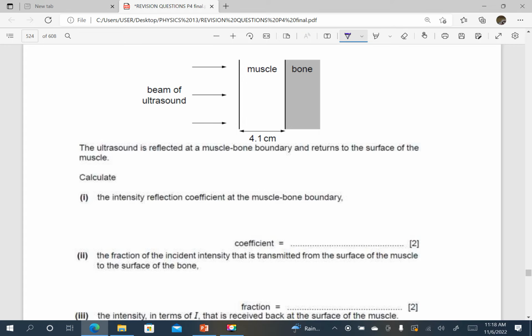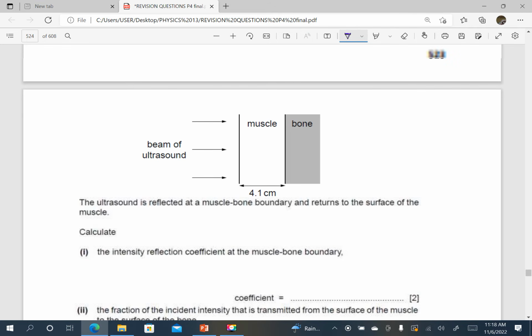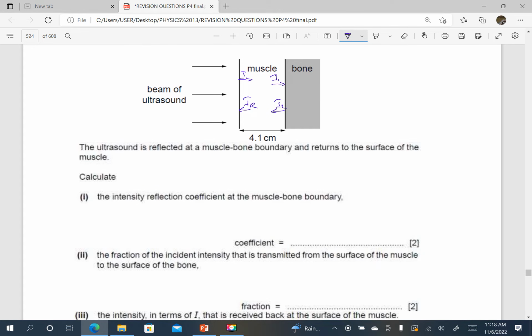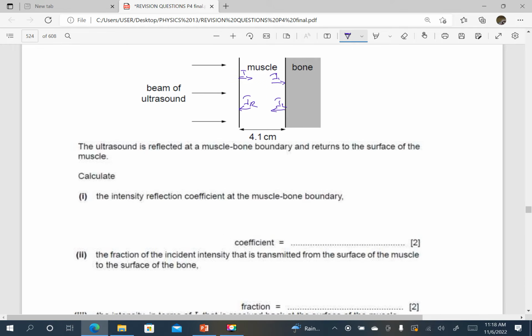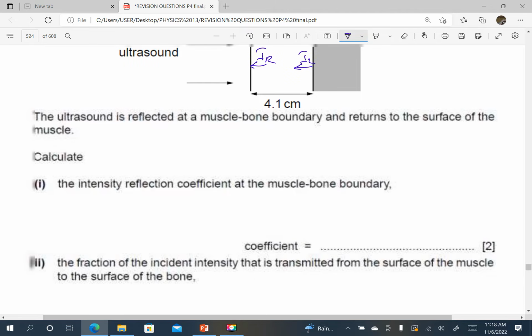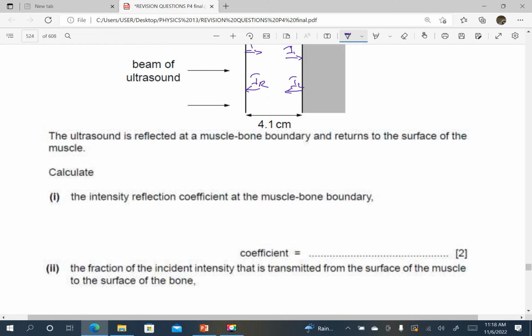So calculate the intensity reflection coefficient at the muscle bone boundary. They have told us what is leaving here is I. Let's say what arrives at the boundary is I1. Maybe what is reflected is I2 and what is received back is IR. So we want to find alpha.